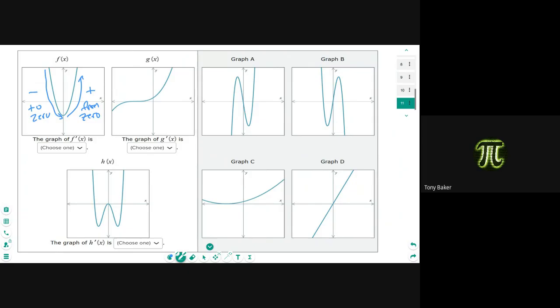And it's negative on the left side and it's positive on the right side. So which one of these four graphs over here kind of meet that criteria? Negative here, positive here, 0 in the middle. And that's where that one changed, it was right there.